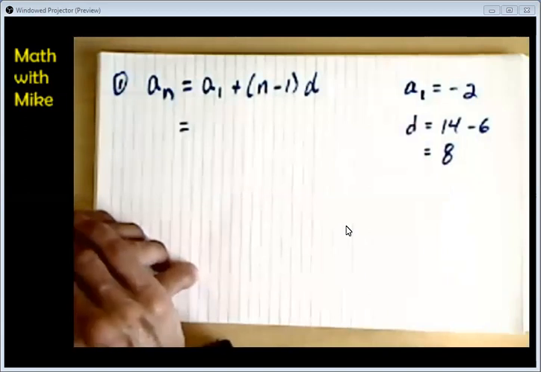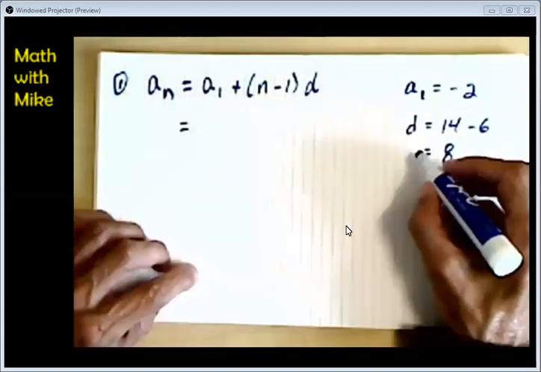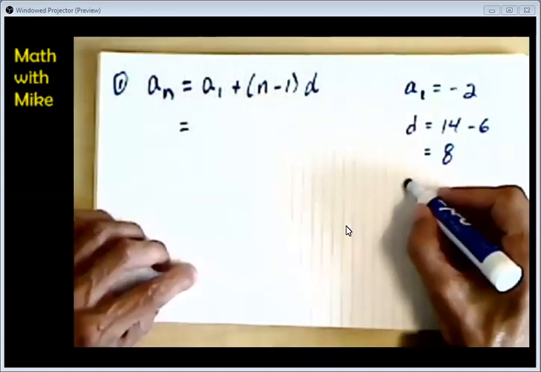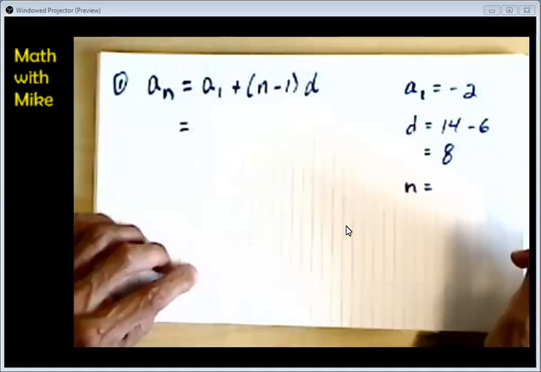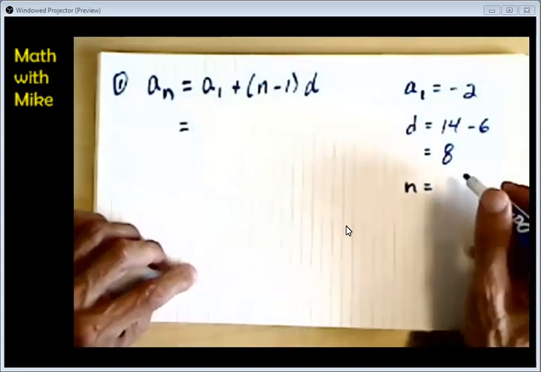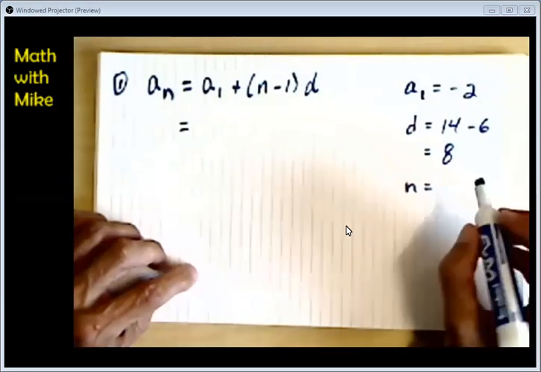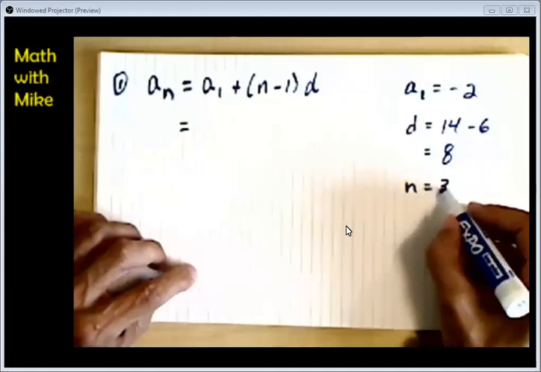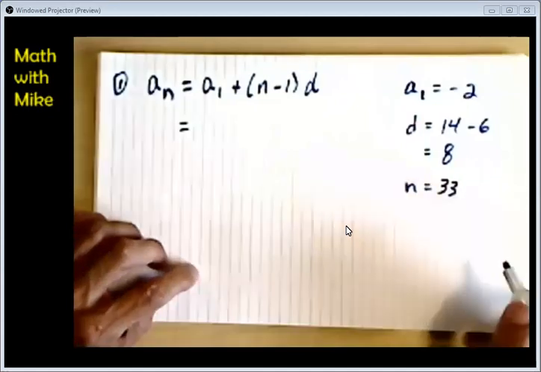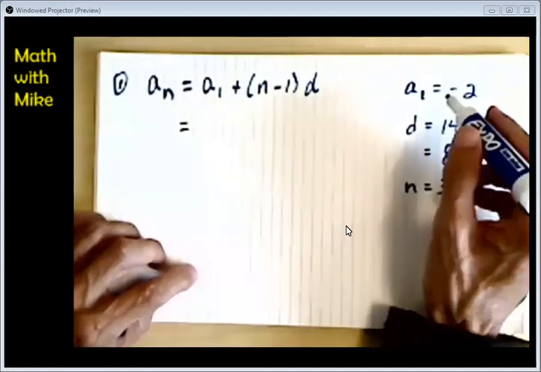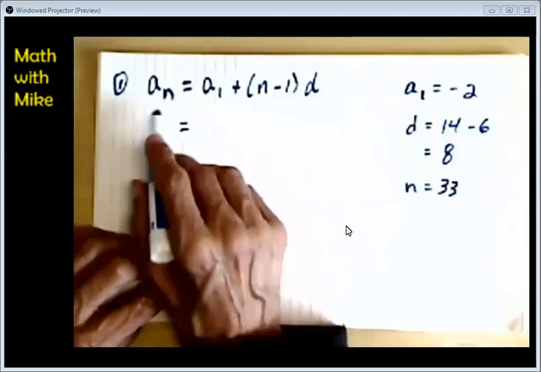And the term they're asking for means that N is going to equal what? Yeah, it's 33. Okay. So that's a pretty good batch of information considering what we got to find, right?